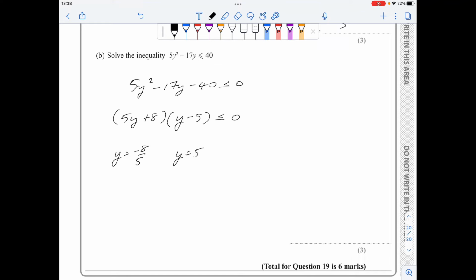Let's make a small sketch. I'm only interested in the x-axis. Since I want the values less than or equal to 0 and the values below the axis, that means I want all the values between the two critical values. So my final answer would be minus 8 over 5 less than or equal to y less than or equal to 5.